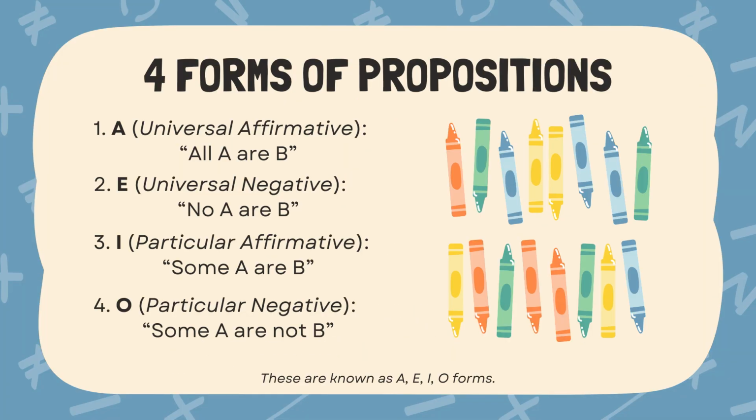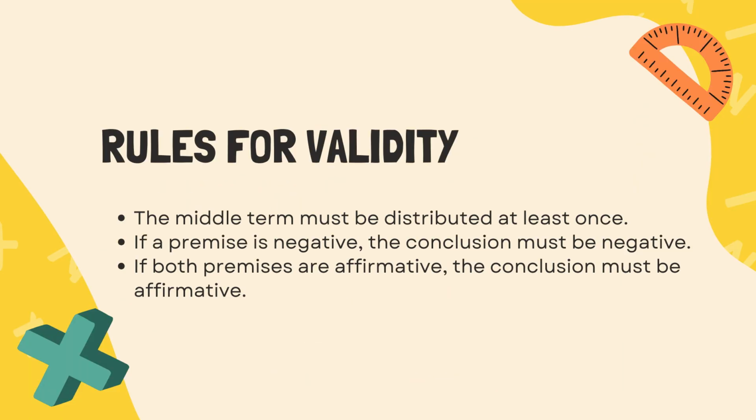These 4 forms, the A, E, I, O, are the building blocks of categorical syllogism. Not all syllogisms are valid. For a syllogism to be valid, it must follow logical rules. Some basic rules include: first, the middle term must be distributed at least once.